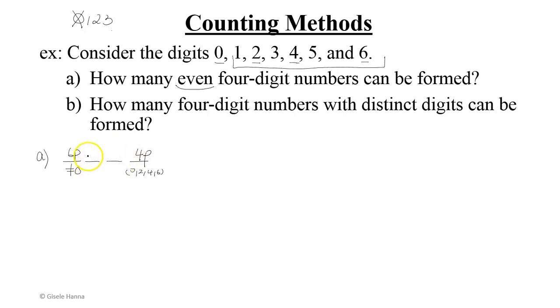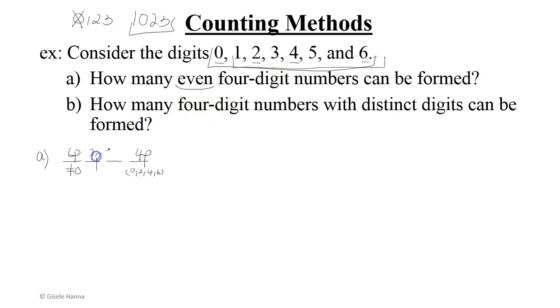Now let's study the number of possibilities of the remaining 2 digits. For the second digit, I can choose 0 again. It's okay, the number 1023 is a 4-digit number. So now I can choose 0 again in addition to all of the other digits, because repetition is allowed.